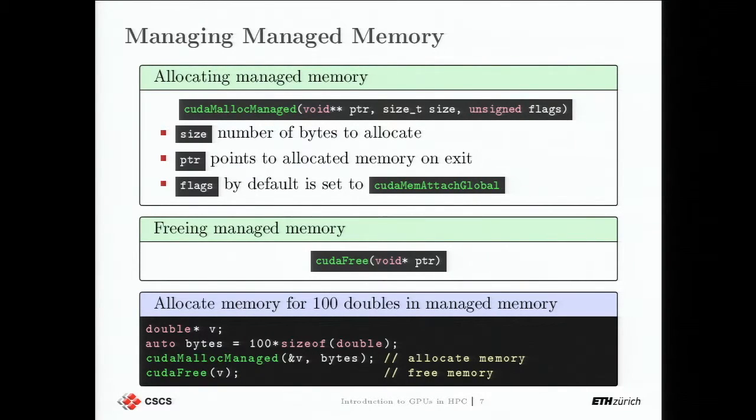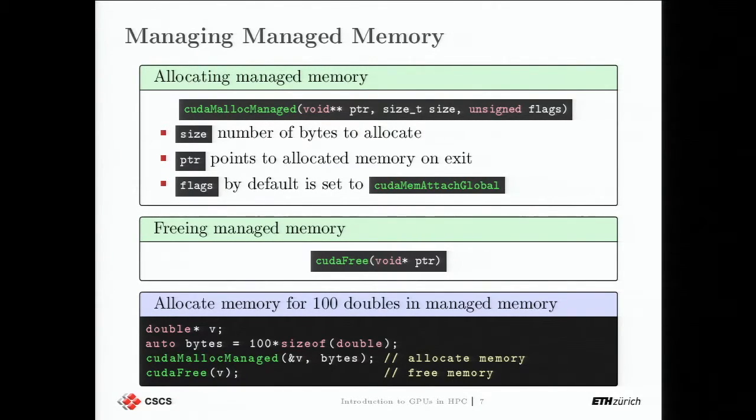So here's an example of allocating memory for 100 doubles in managed memory. We declare our pointer, which we're just going to call v. We calculate how many bytes we're going to need to allocate, because if we're storing 100 doubles, we need 100 times however many bytes are in a double. That's 8 bytes, so this is going to be 800. And then we call CUDA malloc managed.